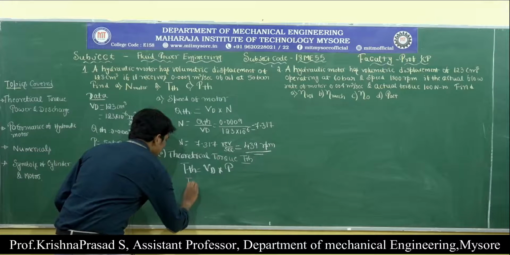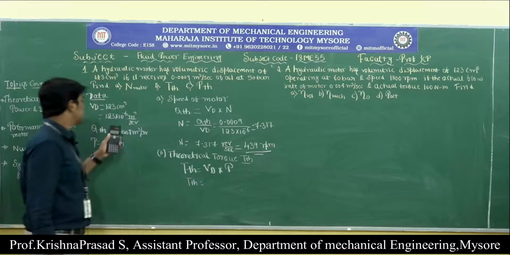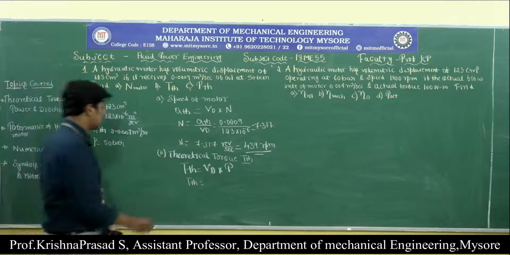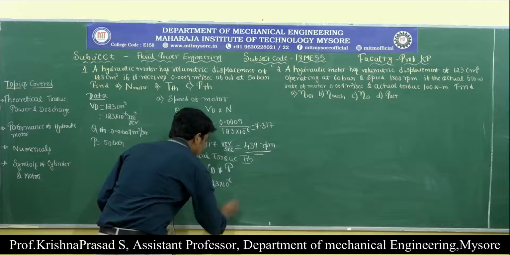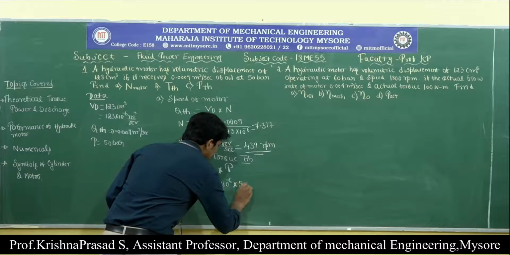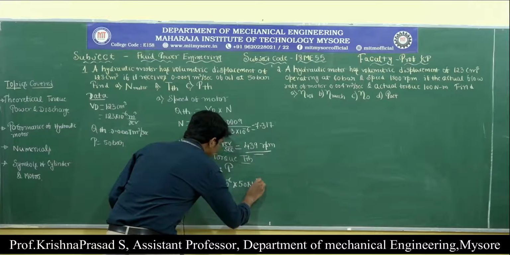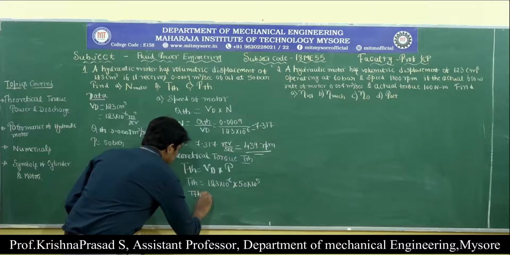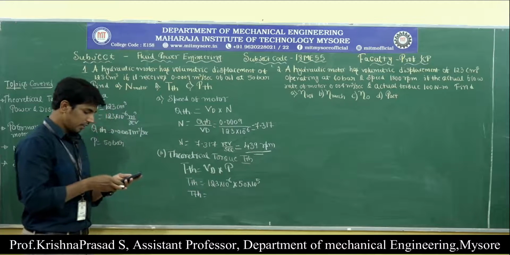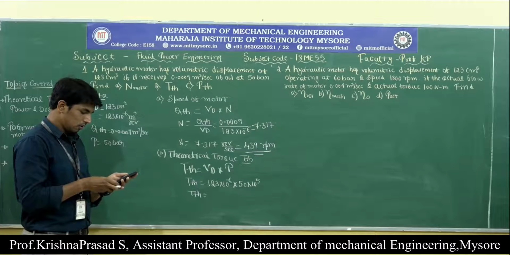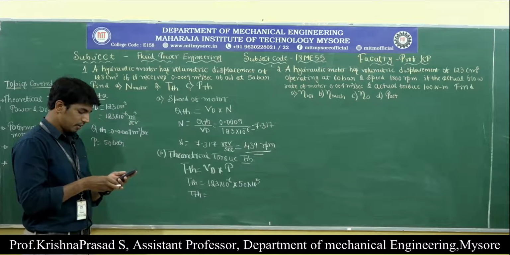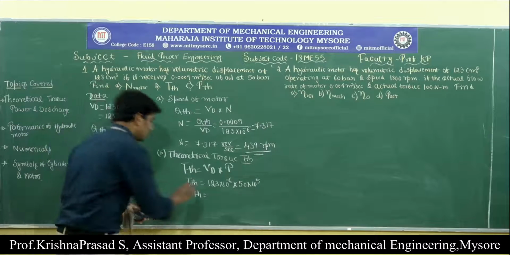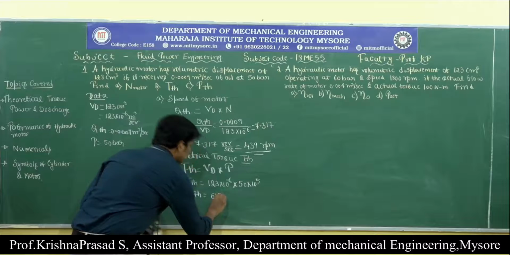So what is the volumetric displacement? 123 into 10 to the power of minus 6 into 50 bar, that is 50 into 10 to the power of 5. That will be equal to 123 into 10 to the power of minus 6 into 50 into 10 to the power of 5, and that will be equal to 615.